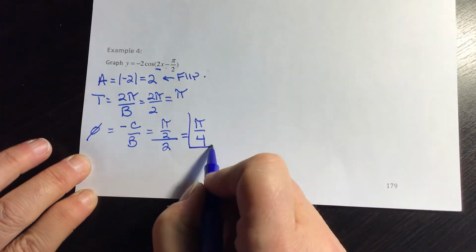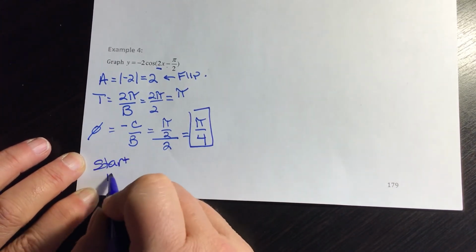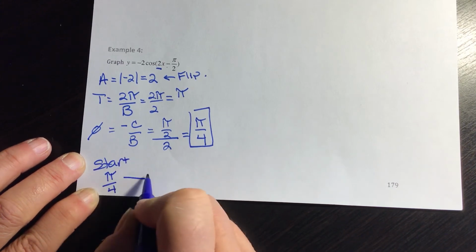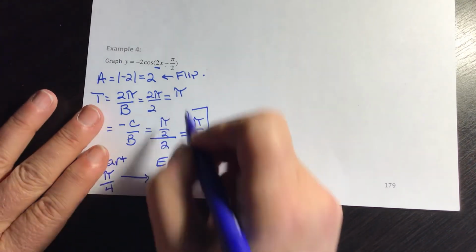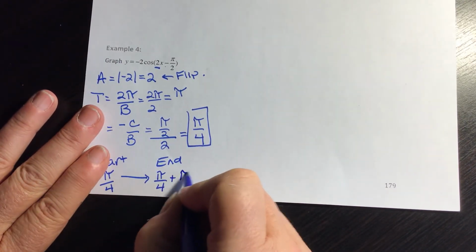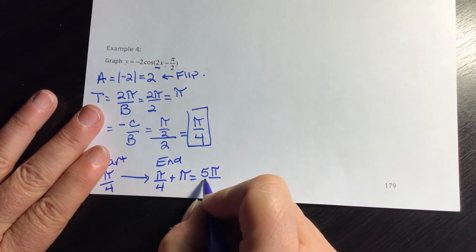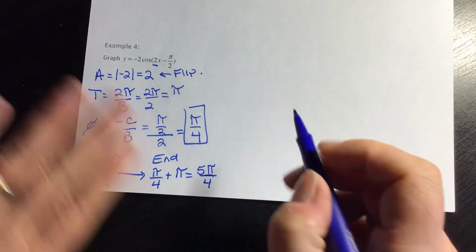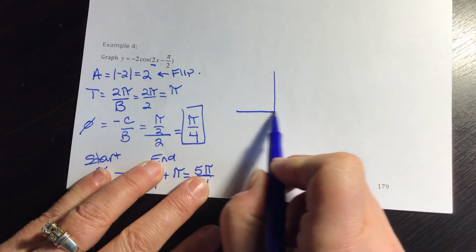So this is where I'm going to start, at pi over 4, and I'm going to end at pi over 4 plus pi. So that would be 5 pi over 4. Let's look and see what that looks like.